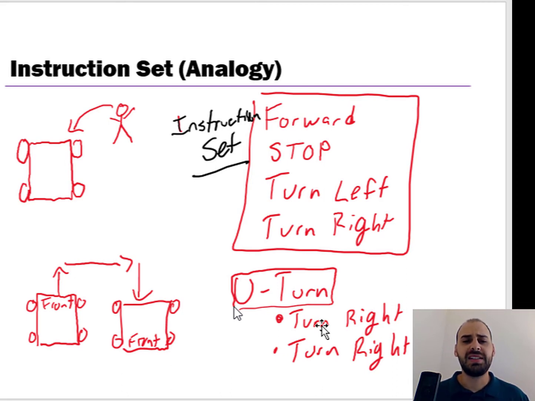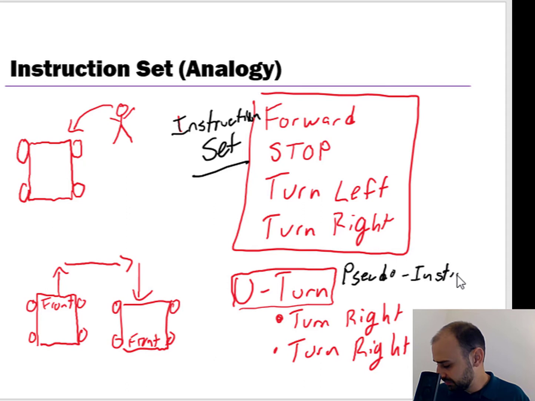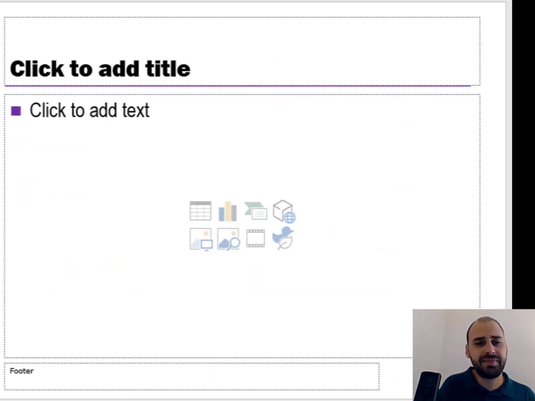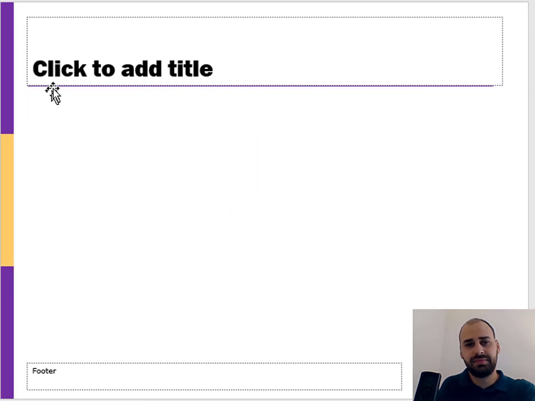Instead, we could still make it have an instruction, and we can call this a pseudo instruction. In this case, you can imagine that we build something that looks like this.